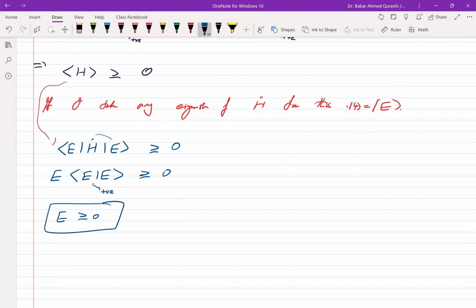So I cannot have an eigenvalue of the Hamiltonian which is less than 0.